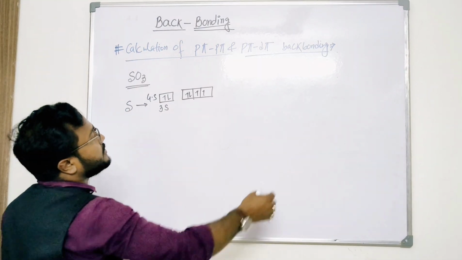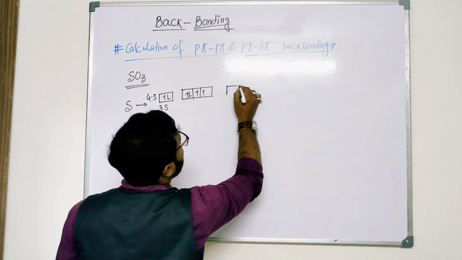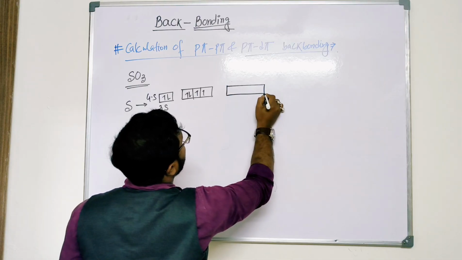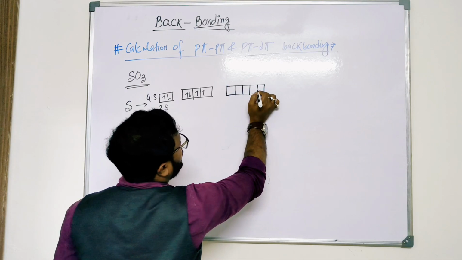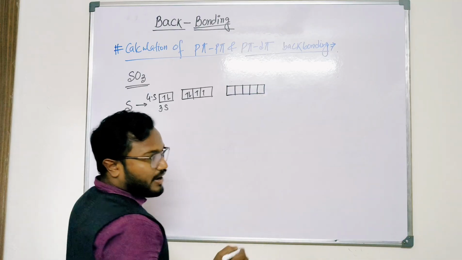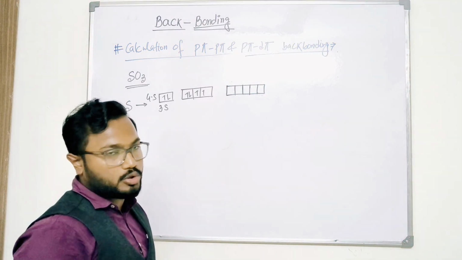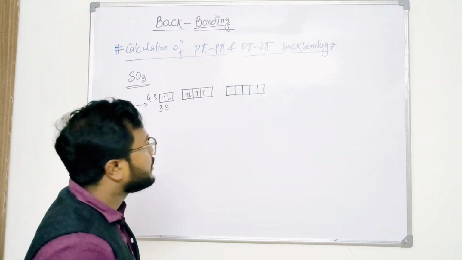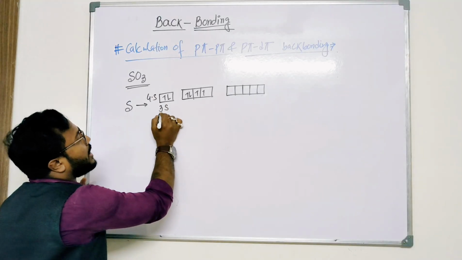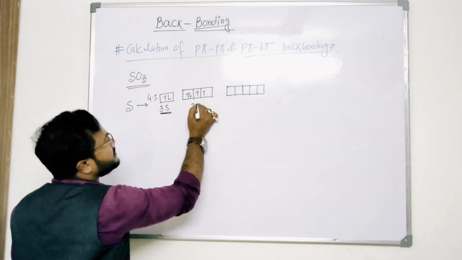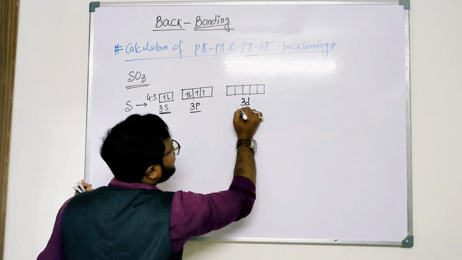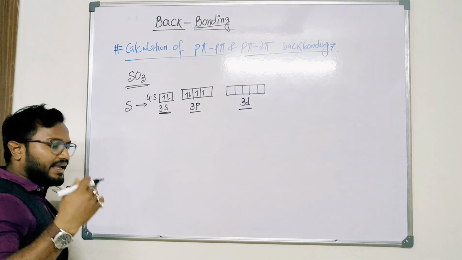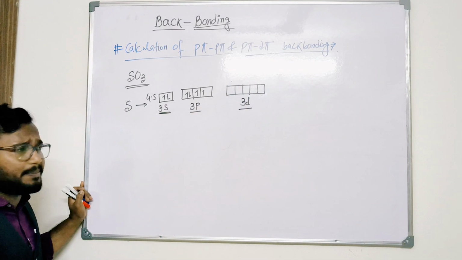In this case, vacant d orbital is present. I told you how to decide whether any element has vacant d or not: atomic number 13 or more, then it has vacant d orbital. So, in the ground state, this is 3s, this is 3p, and we are considering this is 3d orbital. In the excited state, what is going to happen?